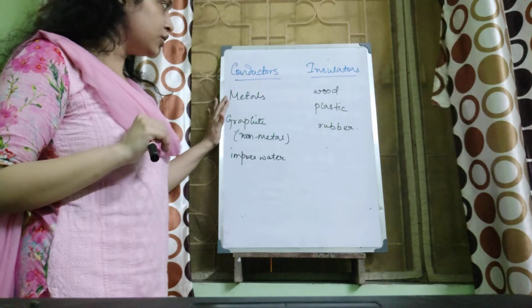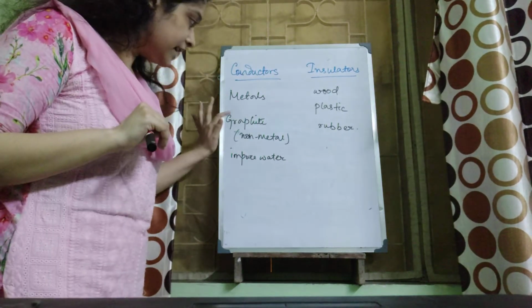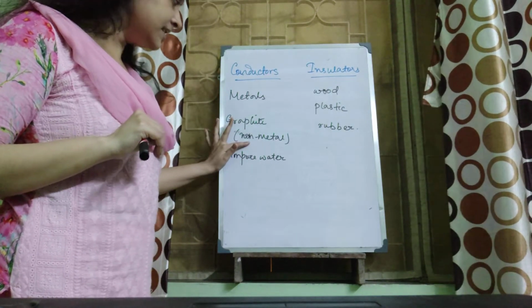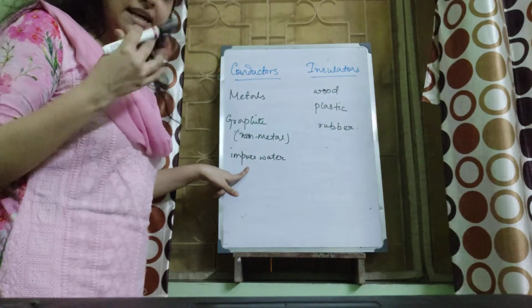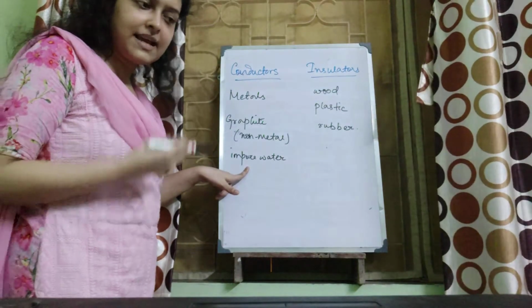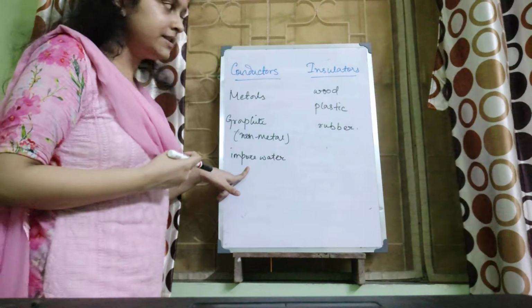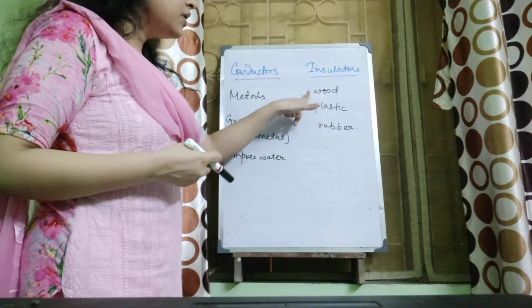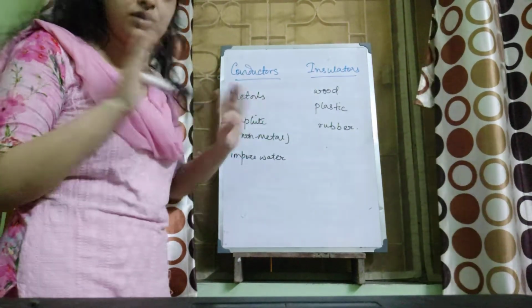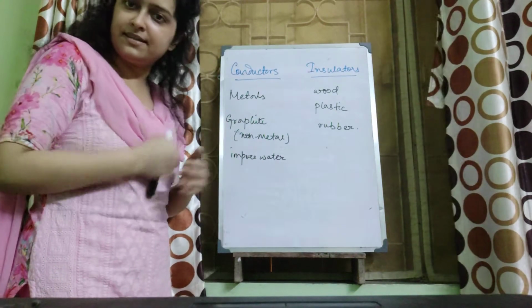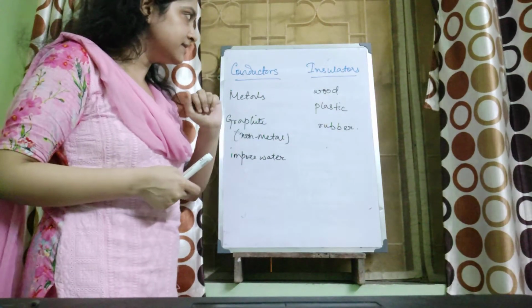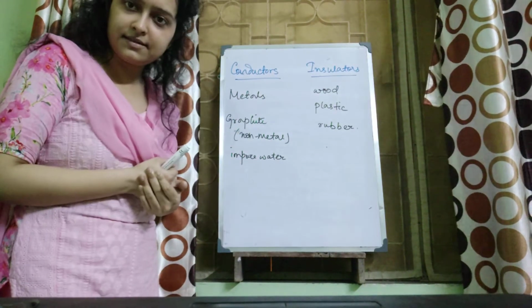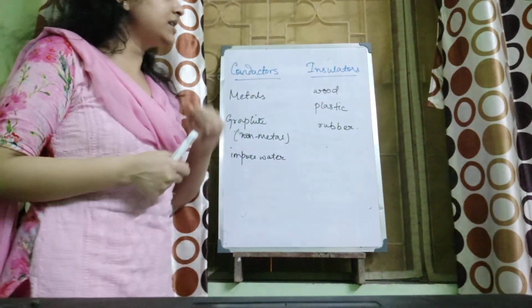All metals are good conductors. Graphite, being a non-metal, is a conductor. Impure water contains ions, that's why it's able to conduct electricity through it. Insulators: wood, plastic, rubber, they don't allow electric current to flow through them easily. So they are known as insulators. These are conductors. Electrical conductor, electrical insulator.